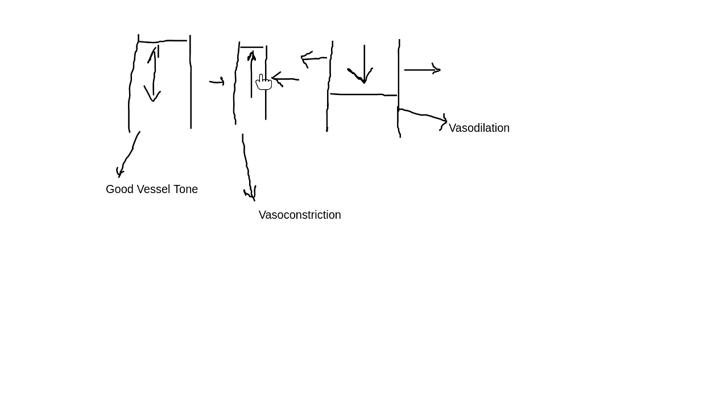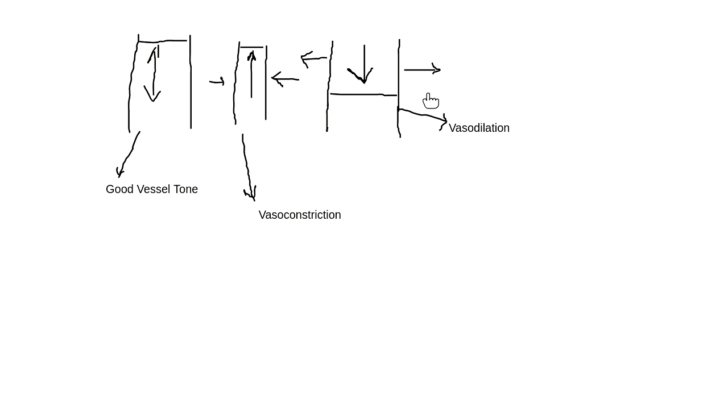The pressure can increase, or it can be so severe that it cuts off the blood flow completely. That's vasoconstriction. When a patient goes into distributive shock, the problem is ultimately widespread vasodilation.